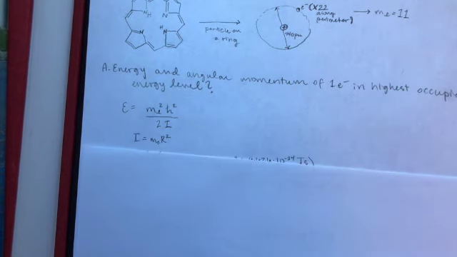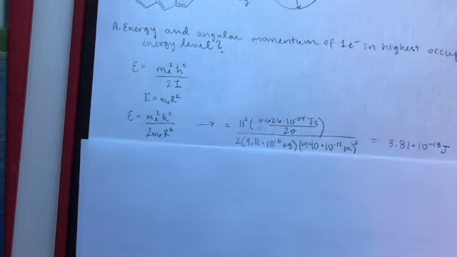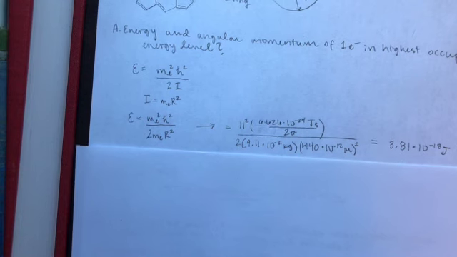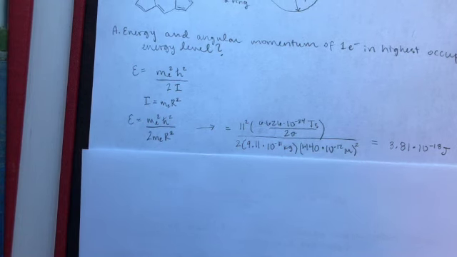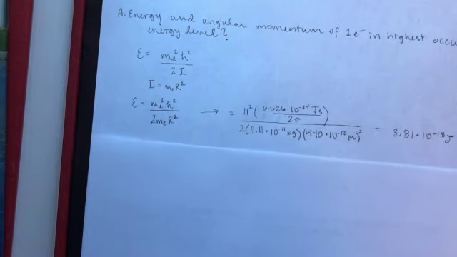And we're going to make a quick substitution of the inertia is equal to the mass of the electron times the radius squared of the ring. Using this, we're going to do a quick calculation, plugging in the known values to get 3.81 times 10 to the negative 18 joules. And that's for the energy.